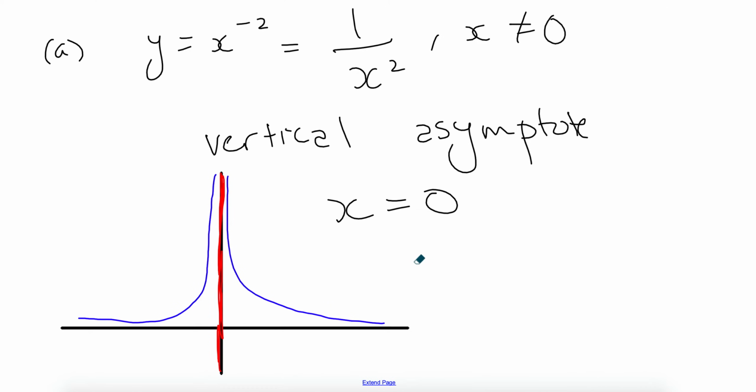I'll just describe it. So vertical asymptotes occur when the value of y tends to infinity as x tends to 0. So as x is getting very close to 0, y is going up to infinity. So this is when asymptotes occur, and it's just a technical description for it.